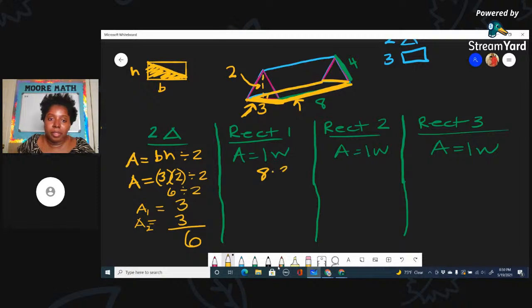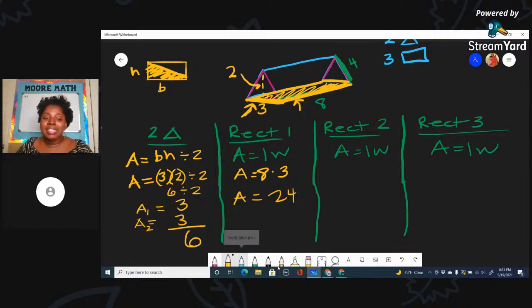Yep. And 8 times 3? 24. Good. Okay, so we just took care of the bottom. That was this part right here. Now, let's take care of that left side. Okay, so how much is this right here?